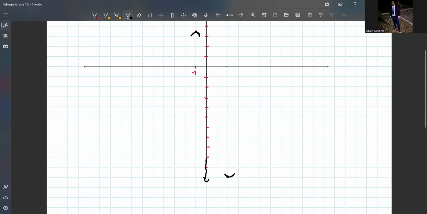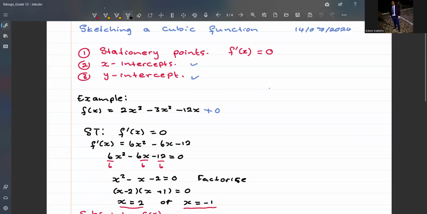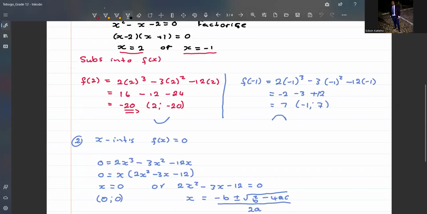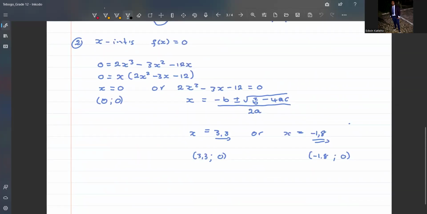What we said we need is that this graph would have to go through the x-intercept, through 0 and 0 first, which is going to be here. This is a point of 0 and 0. And it will also go through the point -1.8 and 3.3.